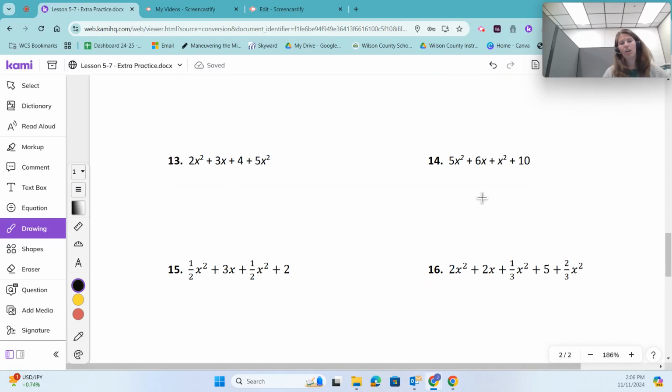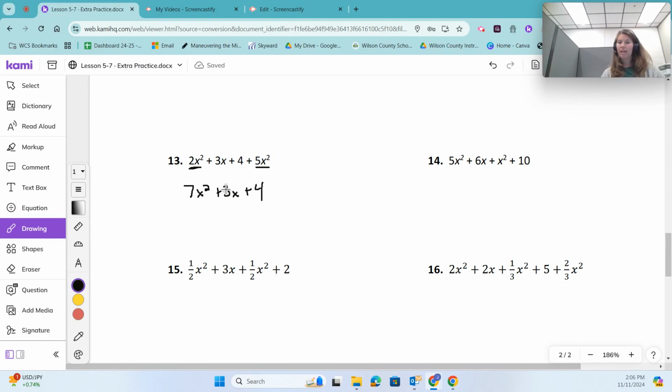Let's take a look at ones that have exponents. 2x squared and 3x are not like terms. They have to have the same exponent. So 5x squared and 2x squared, those are like terms. 3x and 4 do not have a like term with them, so they just stay the same. 2x squared plus 5x squared is going to be 7x squared plus 3x plus 4.